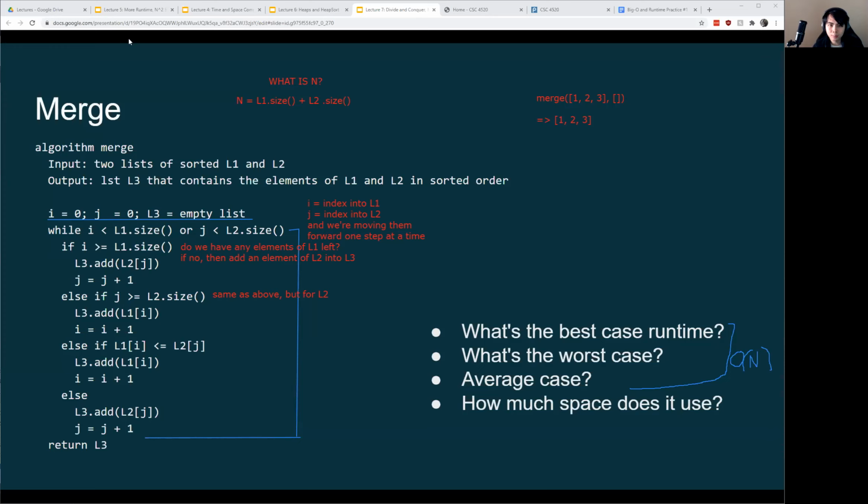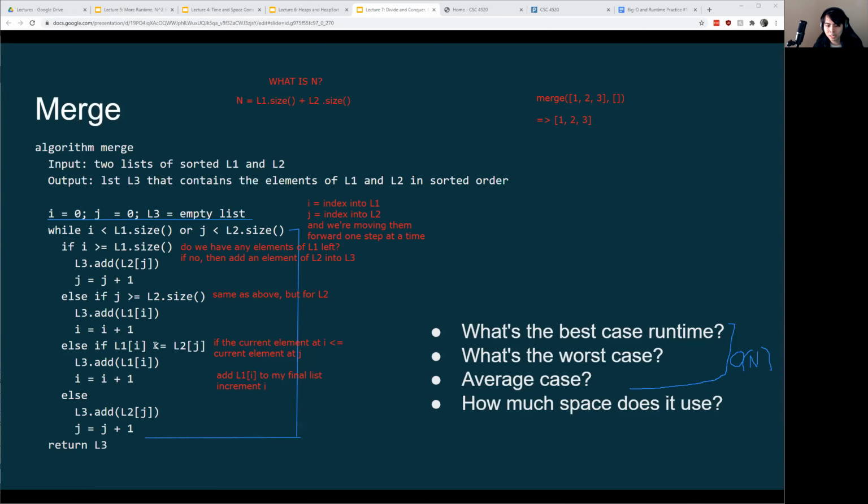Otherwise, if the current element at I is less than or equal to the current element at J, add L1 of I to my final list, and then increment I, right?